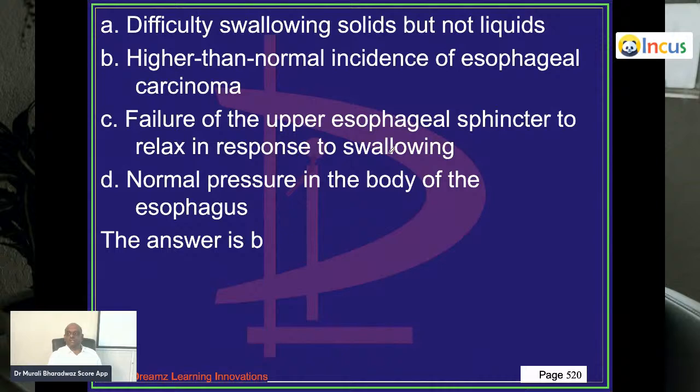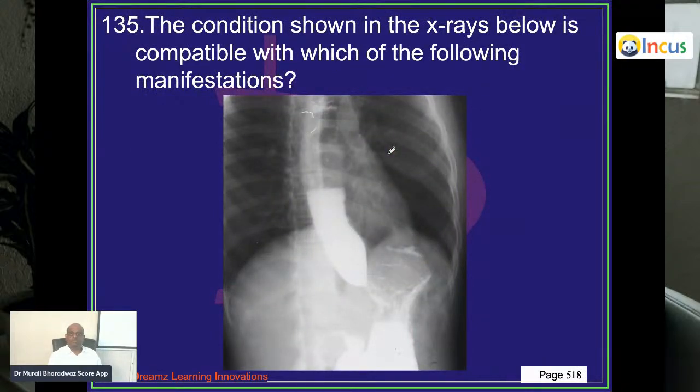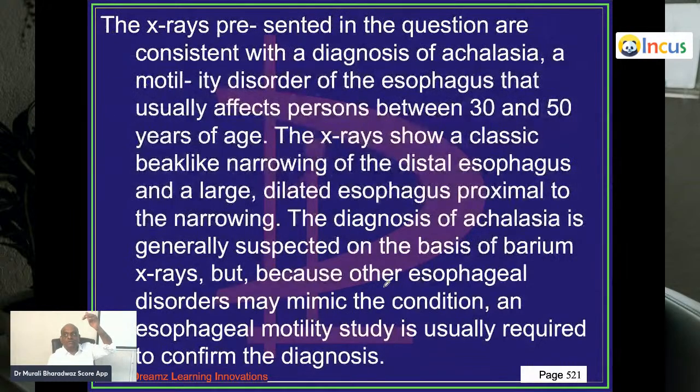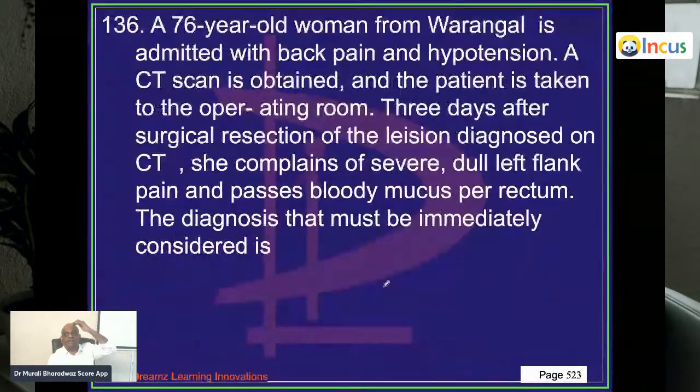This is the rat tail appearance of achalasia cardia with a dilated esophagus because of the lack of relaxation of the lower esophageal sphincter. There is a higher than normal incidence of esophageal carcinoma in these people, which is what you need to remember.